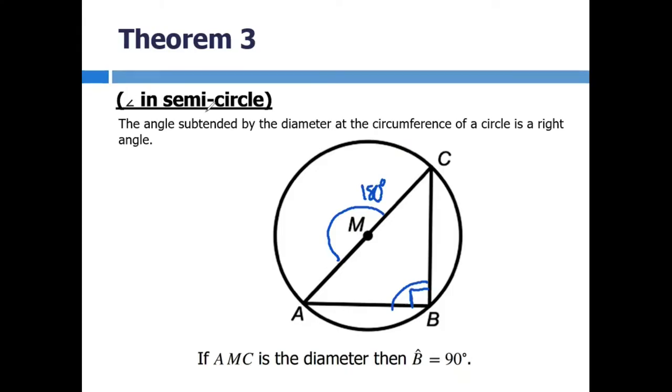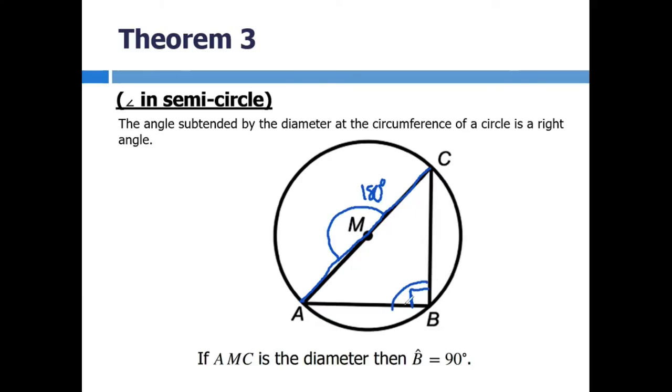They refer to this reason as angle in a semicircle because this will only happen when you've got a diameter, because remember that would have to be an angle at the center. So if we've got a straight line going through the center from one side to the other side, it is the diameter. That is what I was saying earlier with that first theorem. When is it useful that you've got a diameter?